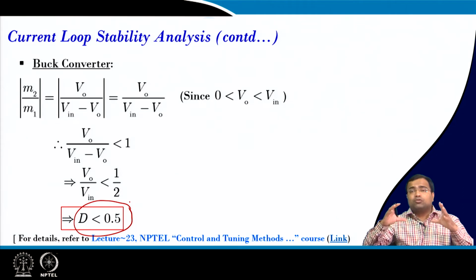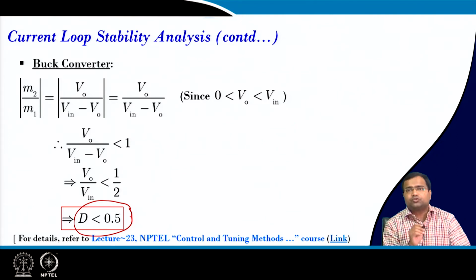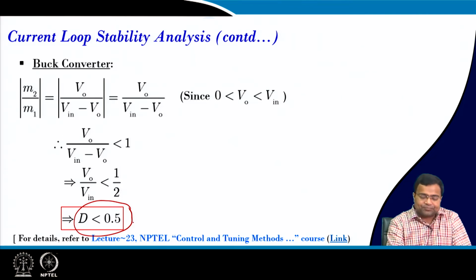This is only for the closed inner loop, we are not talking about the closed outer loop, it is just the inner loop closed. The requirement is that the duty ratio should be smaller than 0.5, but we will see in the subsequent lecture that even at a much lower duty ratio than 50%, you will end up with subharmonic oscillation when you close the outer loop.